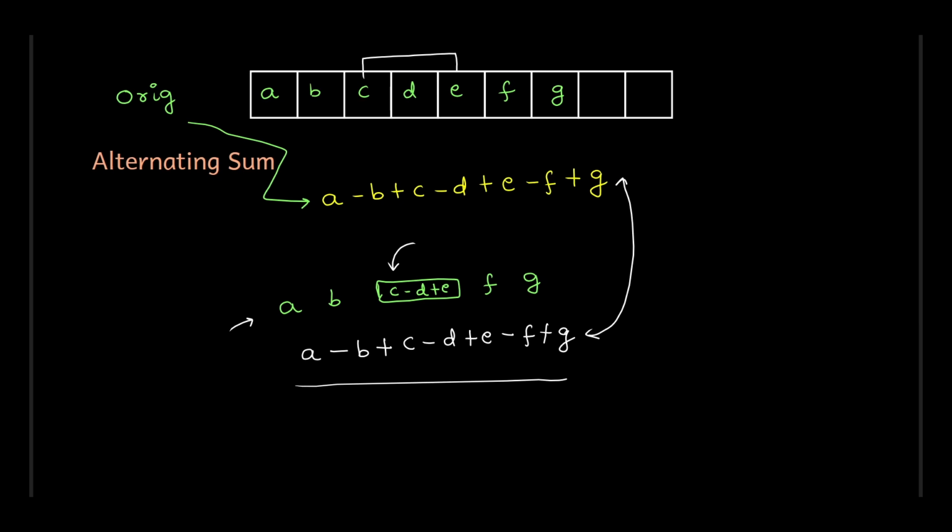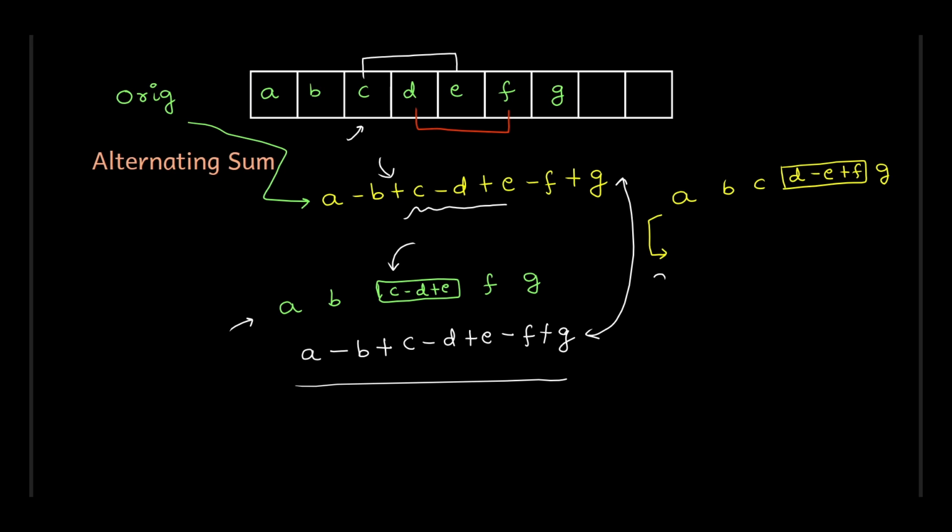But this is for the case when you started your operation that had a plus corresponding to it when it joined the alternating sum series. But what if you had started an operation which had a minus? So suppose you had done the operation on D, E and F. Then after the operation, the elements that would be remaining would be A, B, C, and then D minus E plus F would be in a separate bracket, and then you would have G. But what is the alternating sum of this?